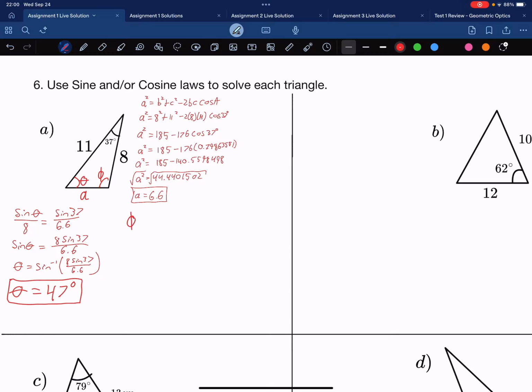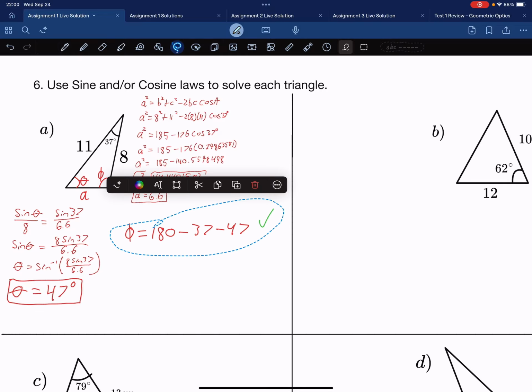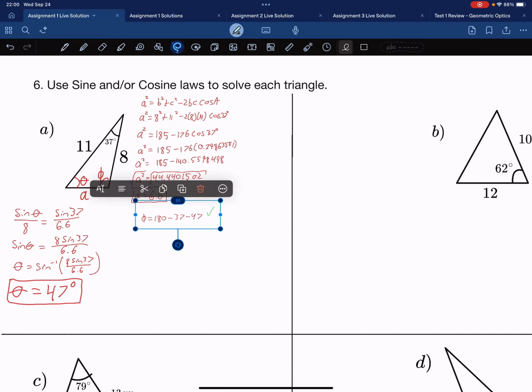So because this is not a right angle triangle, we could do this to find phi. However, I will do like that. That will work. However, I will do the full calculation here. Let me just shrink this down and put this over here.